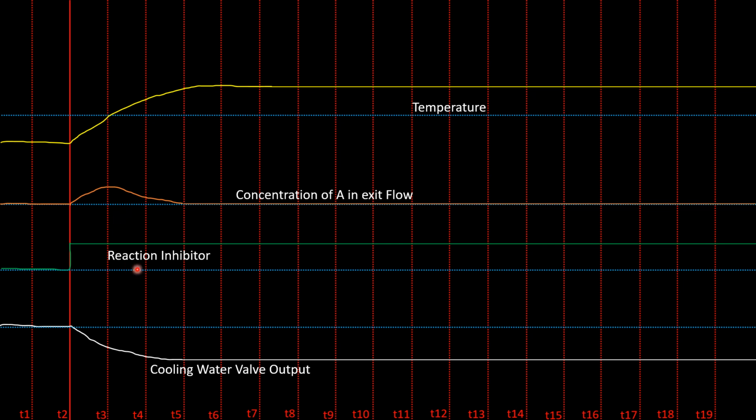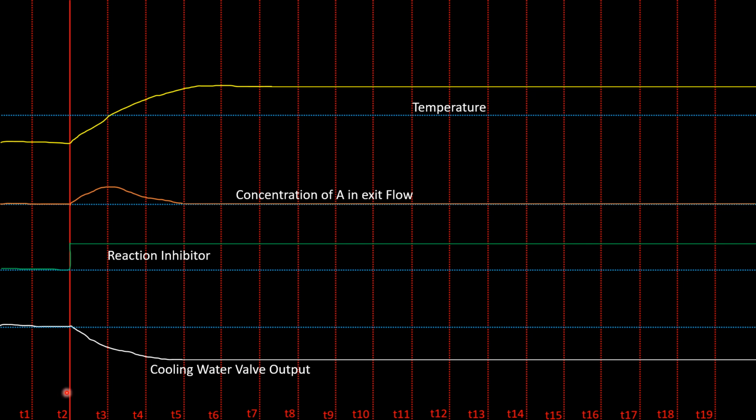This blue line here is the initial condition for reaction inhibitor. And this fourth blue line is our initial condition for the cooling water valve output. Then each vertical red line is a different sampling period. T1 is sampling period 1, and each sampling period we're measuring or controlling some sort of action.